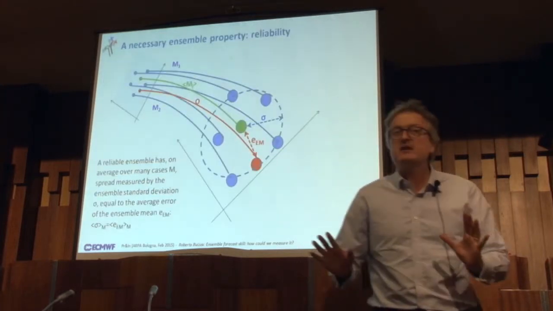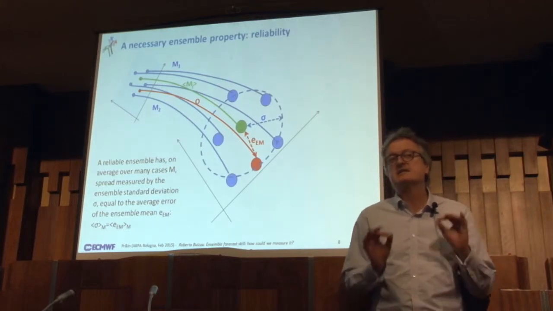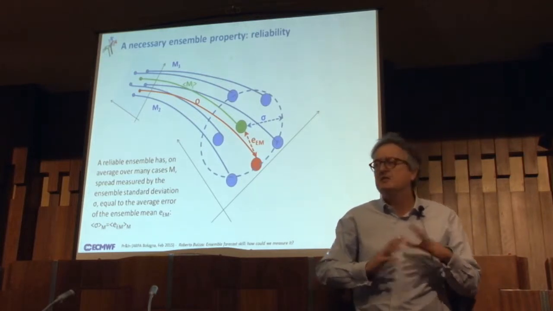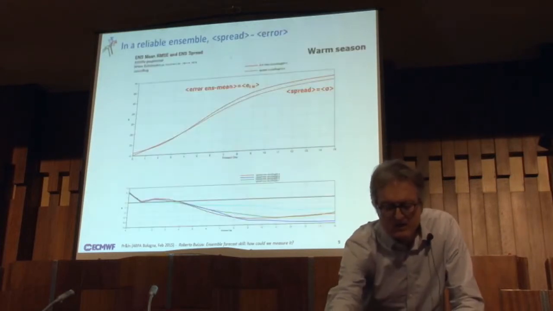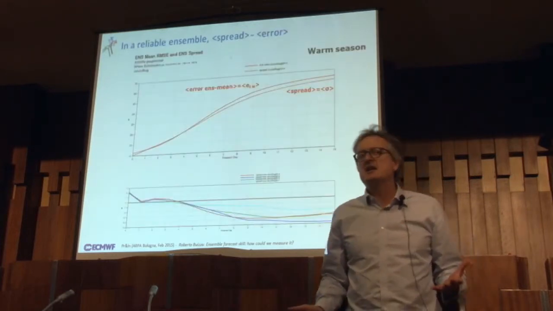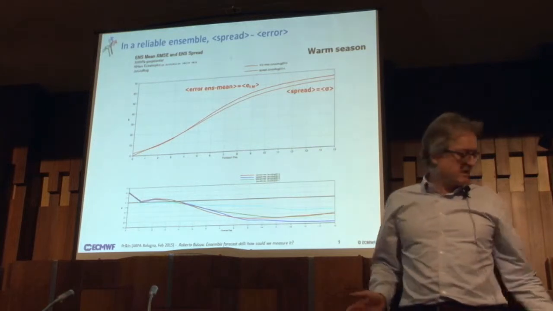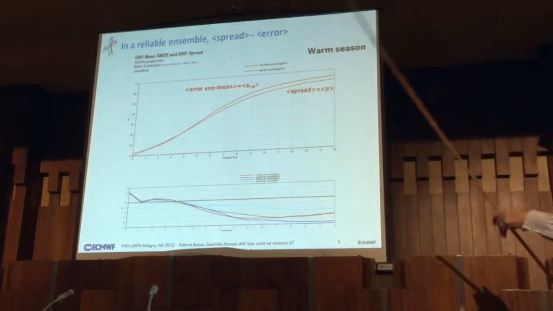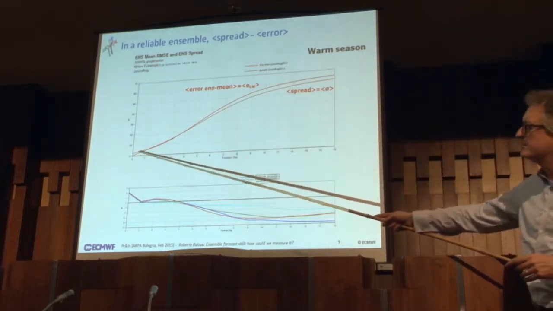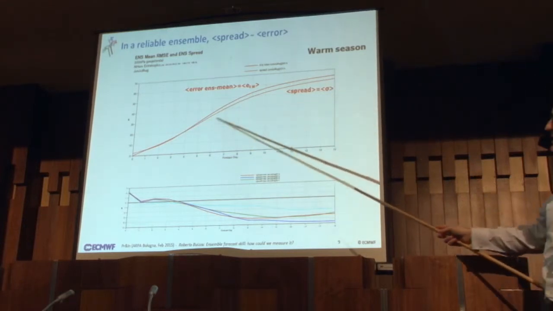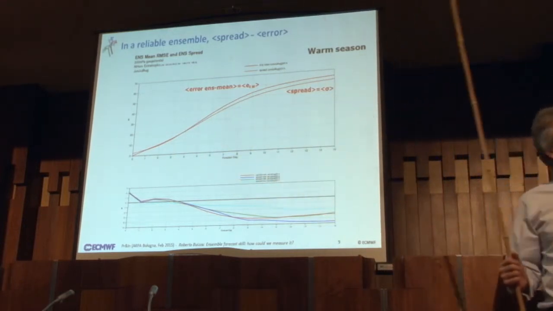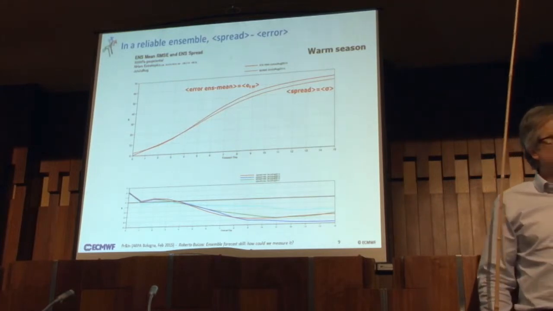So the first thing that I said that is essential, and this everybody agrees, is that the ensemble must be reliable. One way of measuring reliability is how the ensemble spread on average, measured as a standard deviation, compares to the error of the ensemble mean. You want the two to be as close as possible, okay?